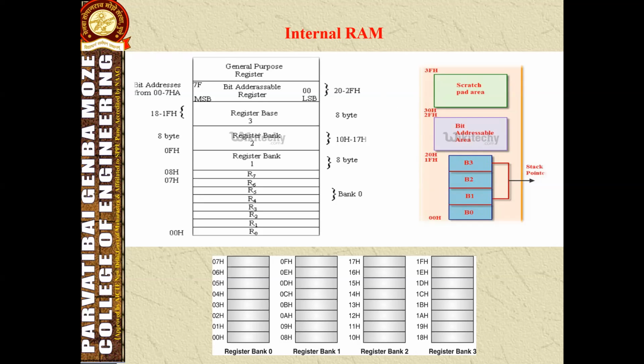In the first area, there are four register banks of 8 bytes each: bank 0, bank 1, bank 2, and bank 3.